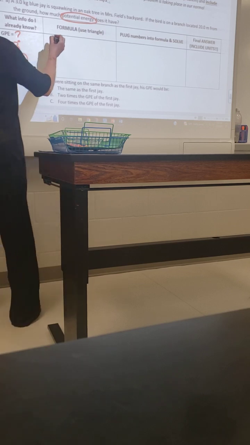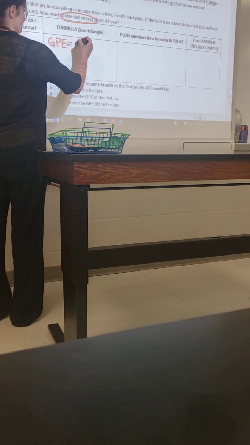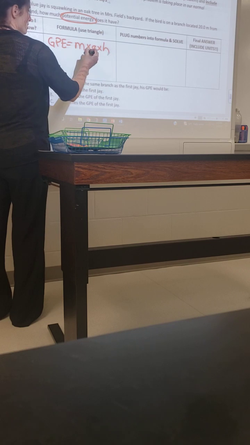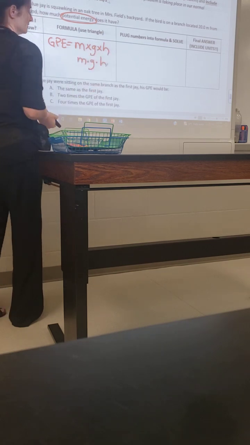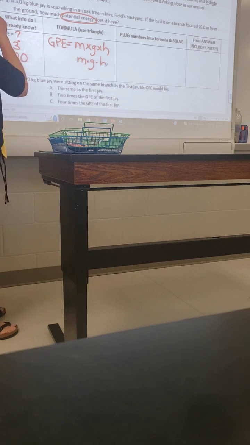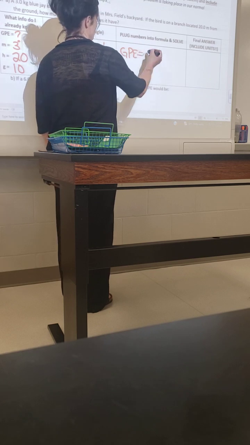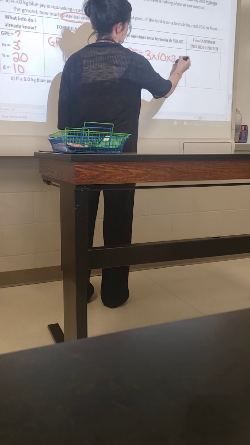All right, so I just set this up for the general equation, which is M times G times H. You can also do the dots, doesn't matter, whatever you're comfortable with. And when I plug in my mass, I get 3, my gravity is 10, and my height is 20.